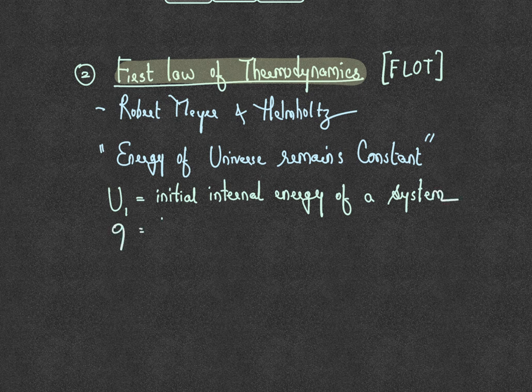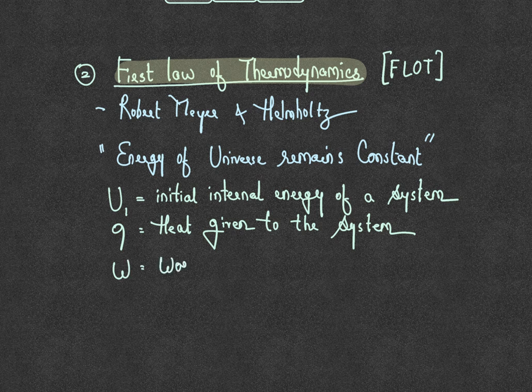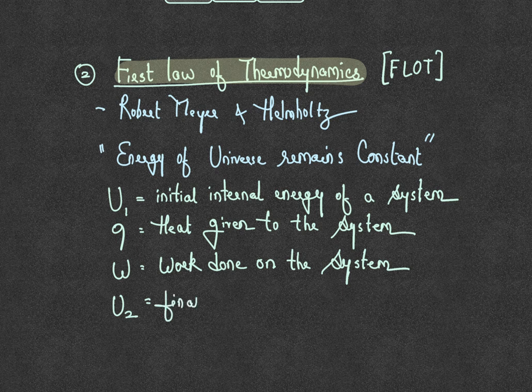Q is the heat given to the system, and W is the work done on the system. Clear? U2 is the final internal energy of a system.